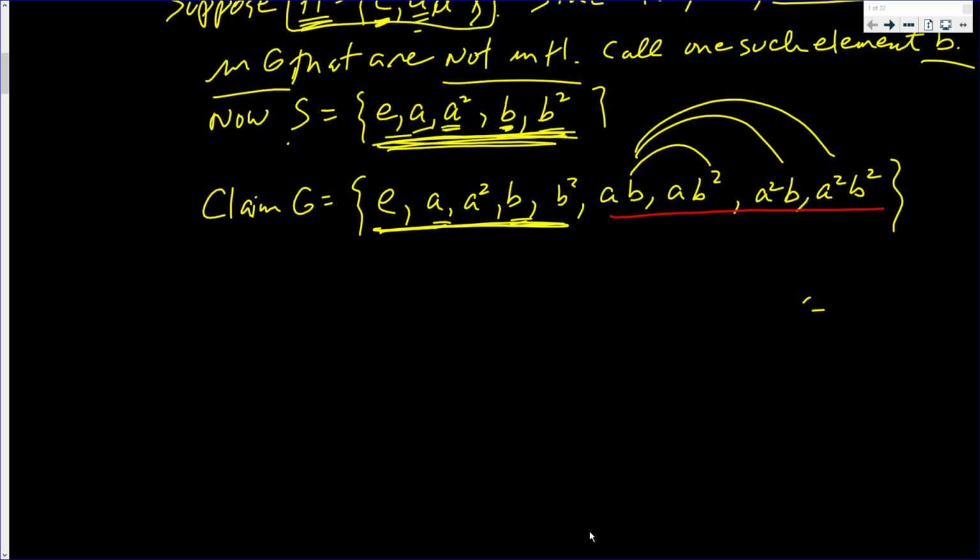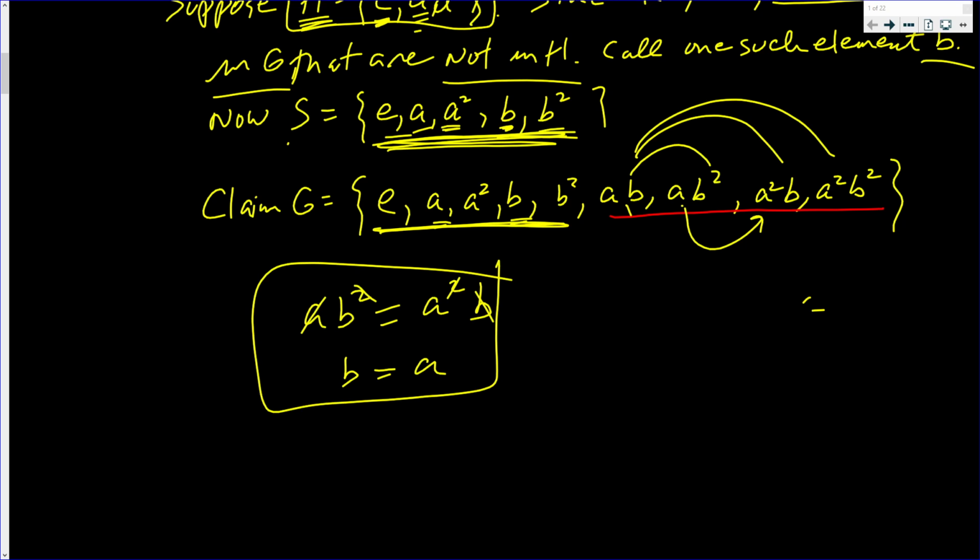Let's look at AB squared. Can AB squared equal A squared B? Well, let's kill off an A on the left and a B on the right. One A on the left, and one B on the right. So we get B equals A. Nope. We know A and B are not equal.